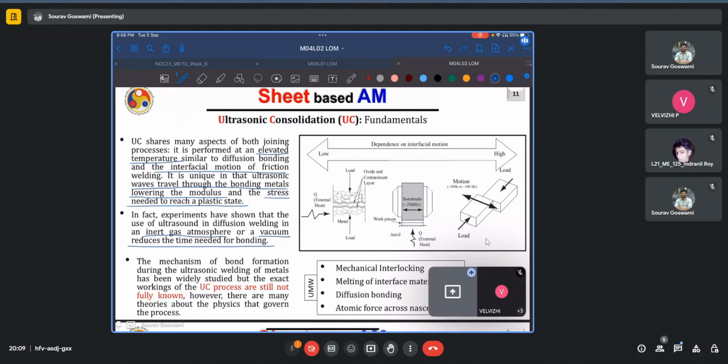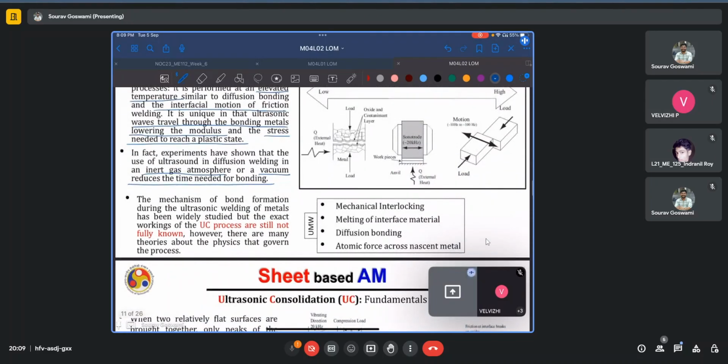The mechanism of bond formation has been widely studied, but still the exact principle or mechanism is not very well known. Thus, it is ripe for exploration, and aspiring researchers can very well work in it. The major phenomena associated are the mechanical interlocking of the surfaces, the melting of the interface material because of the high energies involved, diffusion bonding, and then atomic force across the nascent metal.